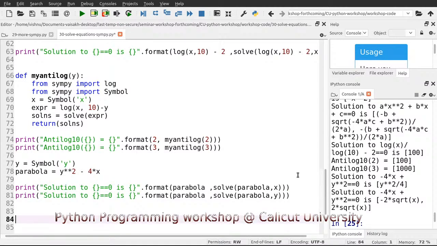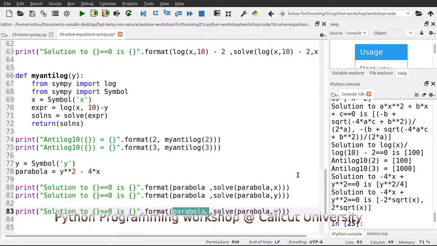But on the other hand, suppose you have a single equation involving two variables, and you're trying to solve, what will happen? That also we can try. Single equation, two variables. For example, x plus y is equal to 0, and solving for x and y both. Of course, if you solve for x or y, you will get the other. But we want the solution to be in terms of x as well as y both.